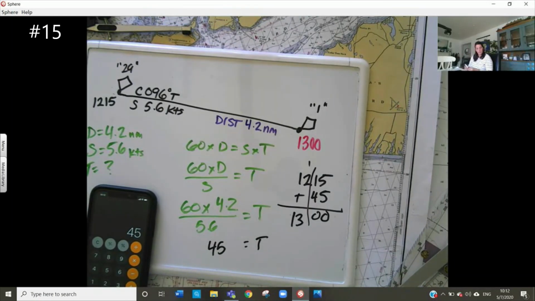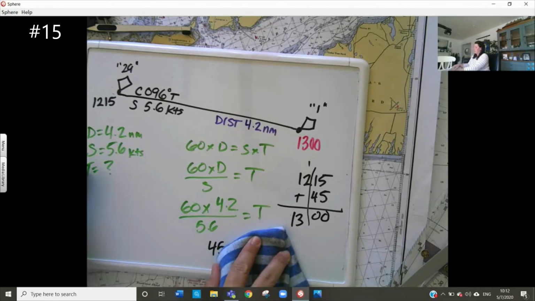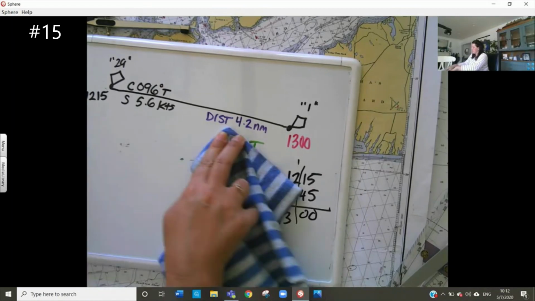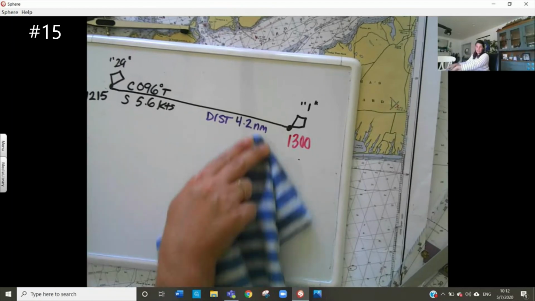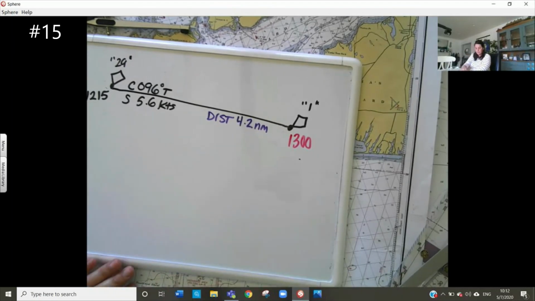So then it asks, what was our total time elapsed from Brenton Reef? So how long have we been underway? Using our ETA to our final position there.